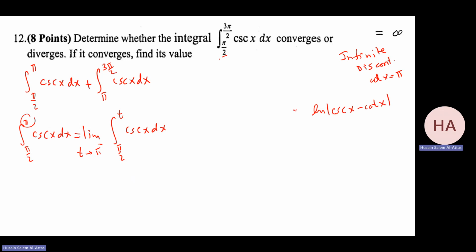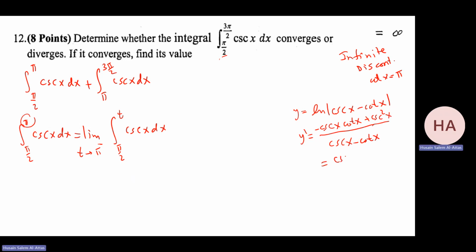Let me differentiate this to be sure. Y prime will be what? I have 1 over this, times the derivative of this, which is minus cosecant cotan, and the derivative of cotan is minus cosecant squared, so plus cosecant squared.